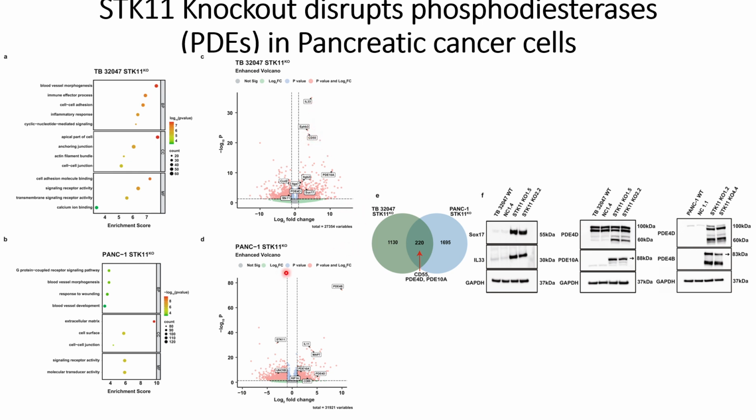And when they did the same differential expression analysis in the PANC1 STK11 knockout compared with the PANC1 wild type, they saw that some of the upregulated genes are similar, such as PDE10A, CD55, and PDE4D, and some of the genes are different, such as IL11, MAP7, and PDE4B.